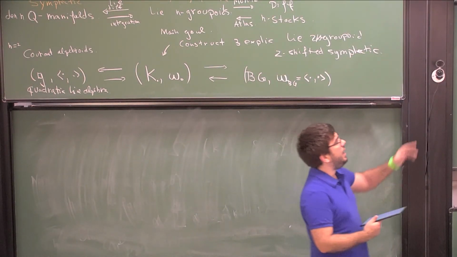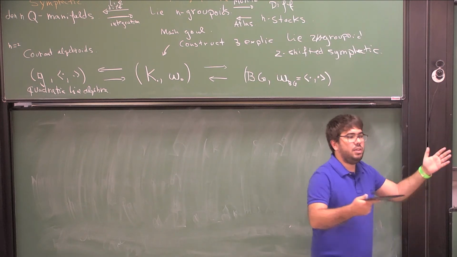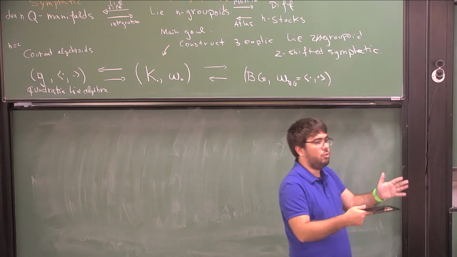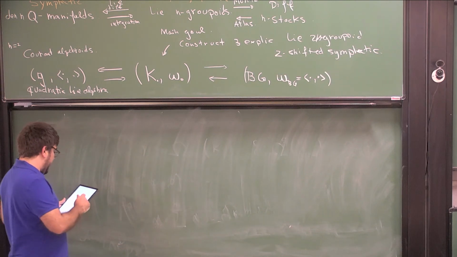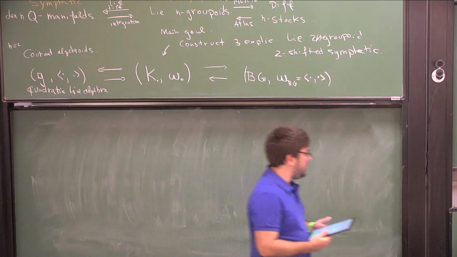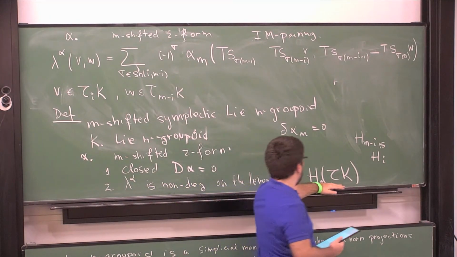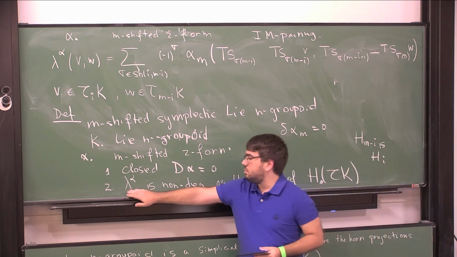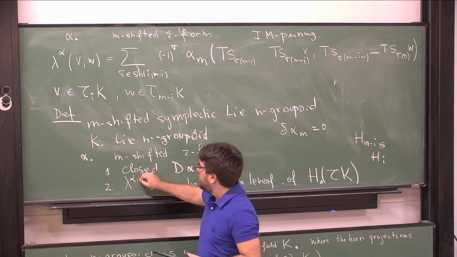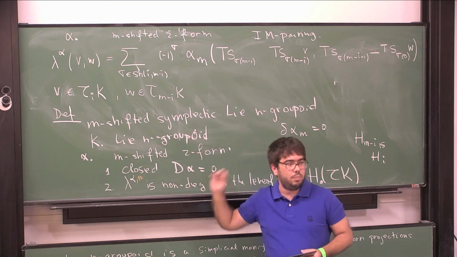So in general, the m and the n agree. But you can have different definitions when some of the homology groups are going to zero. I also want to say that this condition of being non-degenerate at the level of the homology groups can be rephrased as being a quasi-isomorphism between the tangent and cotangent complex.